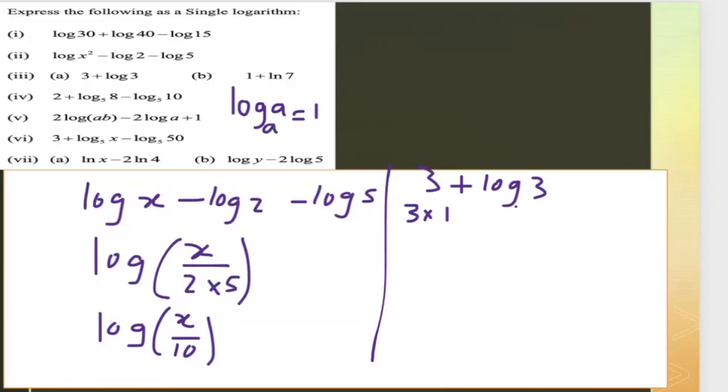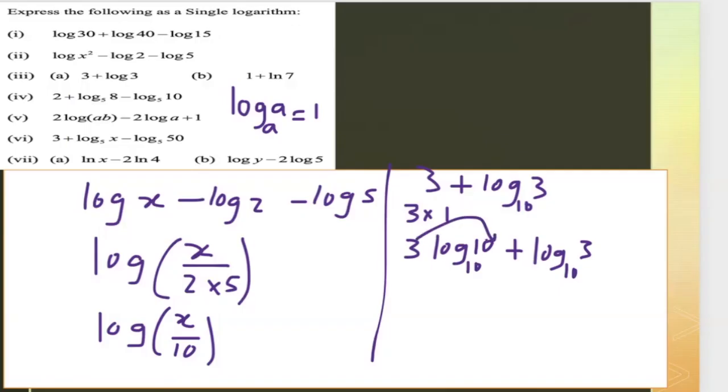Because this is log 3, the base is 10. That's the giveaway to say we need to change the 1 to log 10 base 10, because we know log 10 base 10 is 1. And if you look, this will disappear, so I still have the number 3. Then we have log base 10 of 3, if you want to continue in that trend.